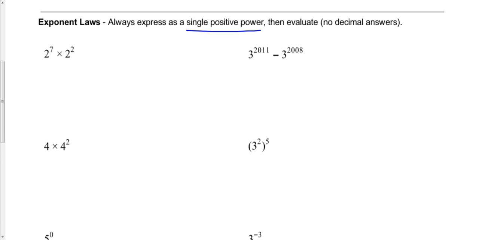When we have powers with the same base, we add the exponents together. Both of these powers have the same base, 2, so we're going to do 7 plus 2, which gives us 2 to the power of 9.